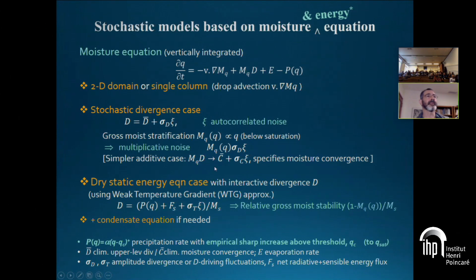You can, for simplicity, also switch this model out with one where you replace this whole moisture convergence term with just a mean moisture convergence plus a specified noise. That will give you some results that are relatively similar for understanding, for instance, PDFs of precipitation.